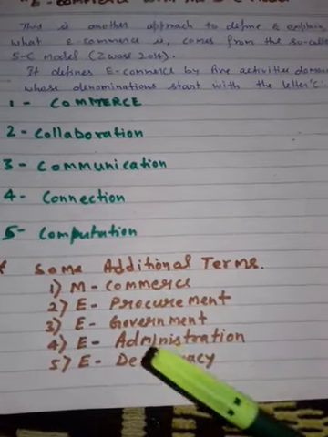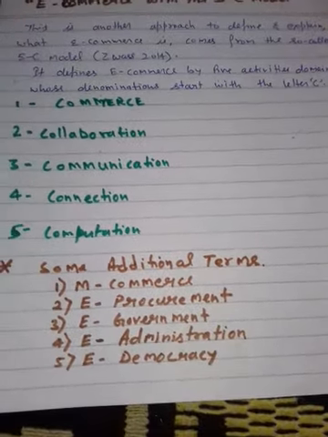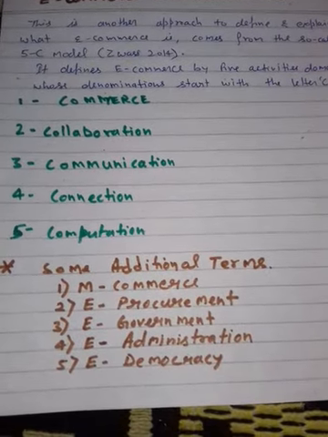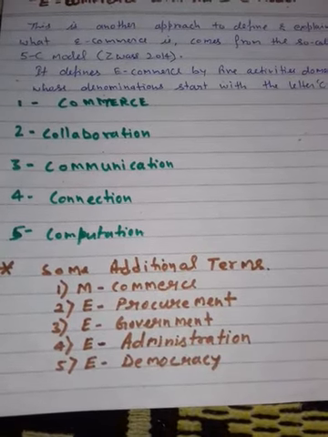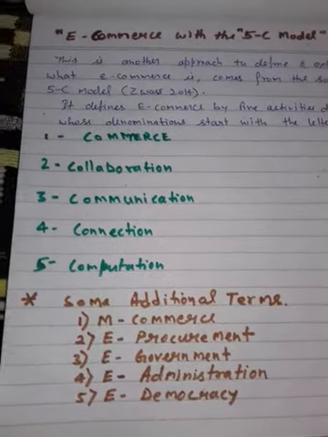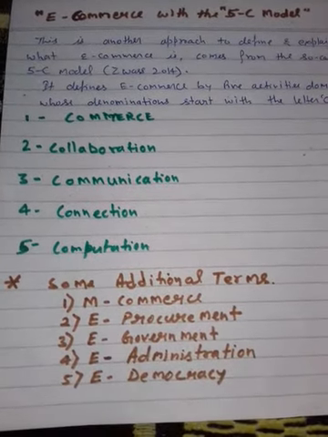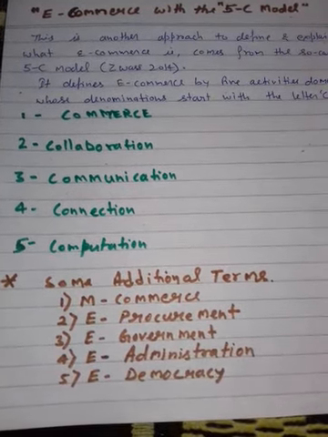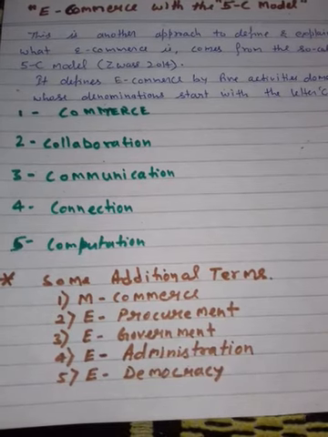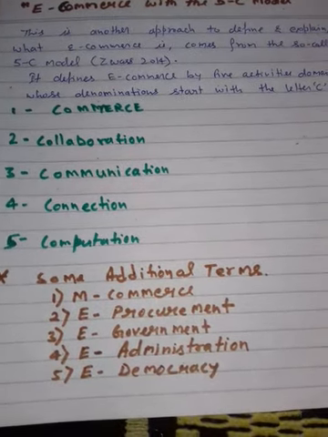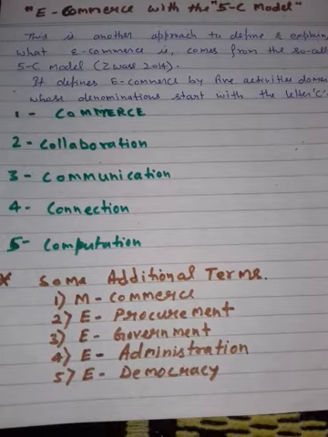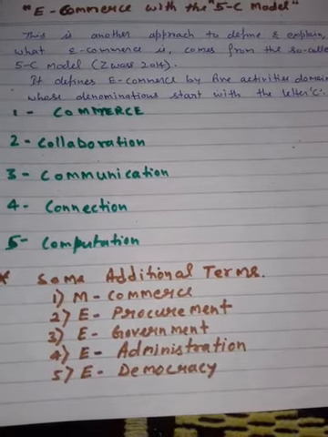And the third thing is e-government, electronic government. Nowadays the e-government concept is very popular in India and all other countries also. E-government is short for electronic government, also known as e-gov, internet government, digital government, online government, connected government.